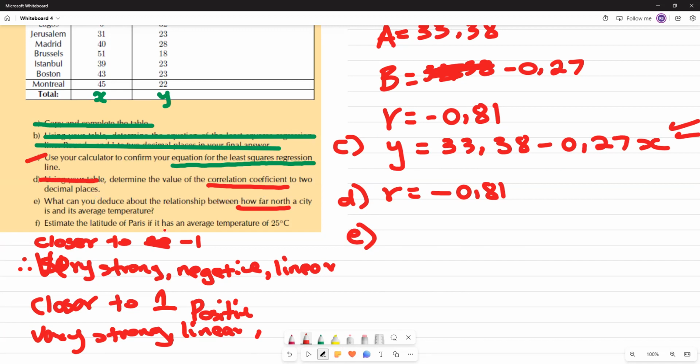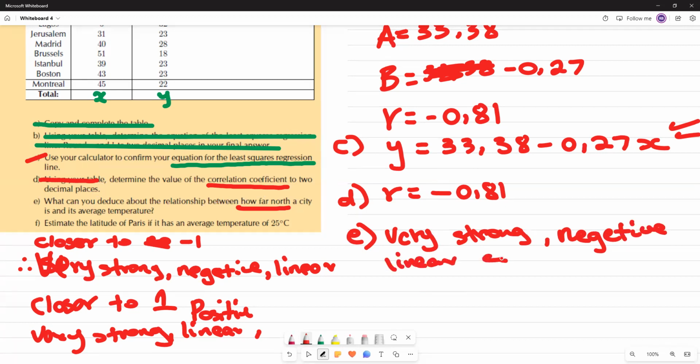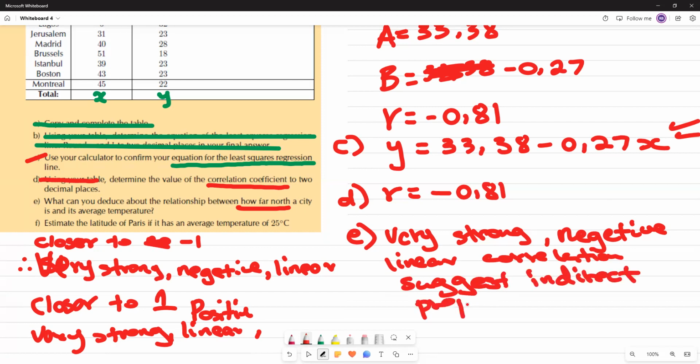You are going to say because this is negative, you're going to say very strong negative linear correlation suggests indirect proportion, which means as the temperature increases, the distance will get smaller.